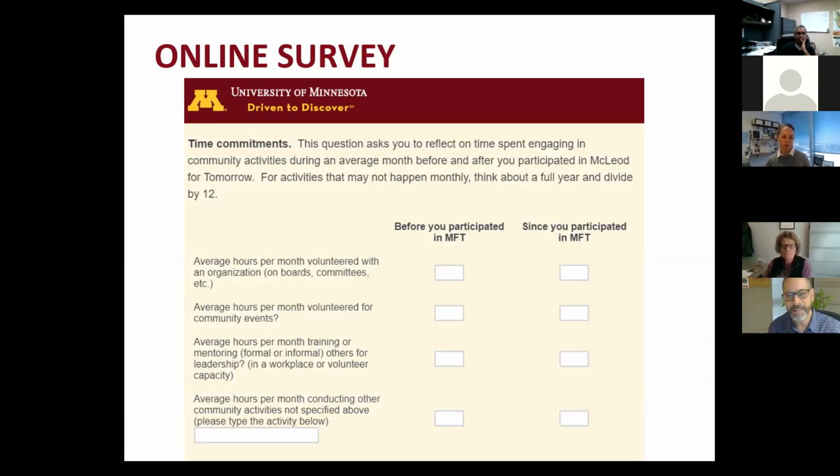The online survey, this is just what it looked like. For example, when we asked people to estimate their hours, their time commitments before and since participating in the program. And so we were able to look at the increment from before to after to help us quantify and then multiply that by a dollar volunteer rate.